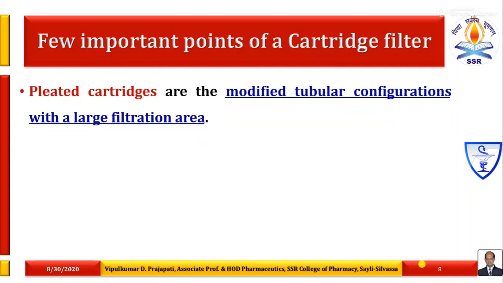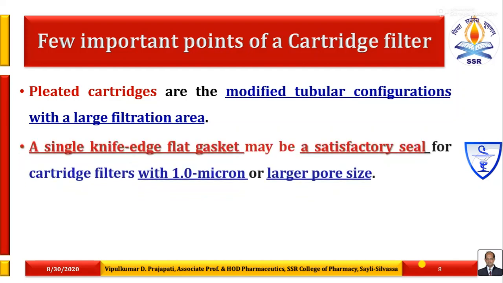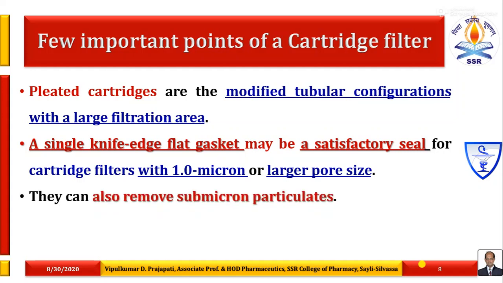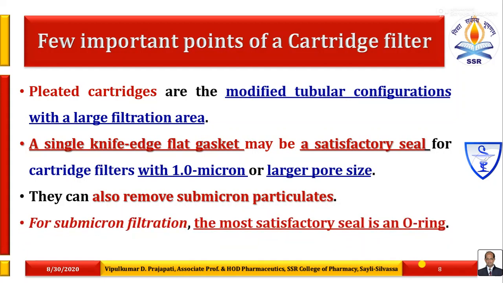Pleated cartridges are the modified tubular configurations with a large filtration area. A single knife edge flat gasket may be a satisfactory seal for cartridge filters with 1 micron or larger pore size, and they can also remove submicron particulates. For submicron filtration, the most satisfactory seal is an O-ring.